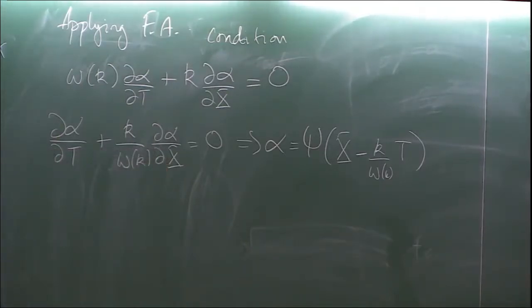Which function psi? Well, to determine the arbitrariness at this order, you need to go to the next order. And the goal will be to show that the psi must be chosen such that that's actually true. On a slower time scale, not epsilon t, but epsilon squared t.